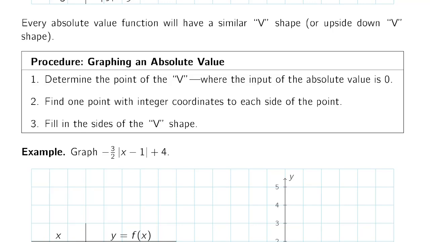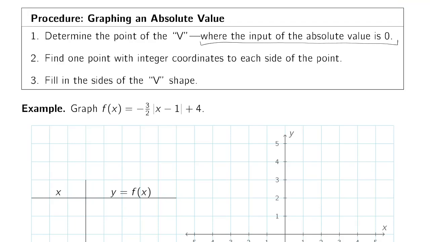First, we figure out where the point of the V is going to be. That's where the input of the absolute value is 0. So the stuff inside the absolute value is 0. Then we'll find one point with integer coordinates to each side of that point. And finally, we'll fill in the sides of the V shape.